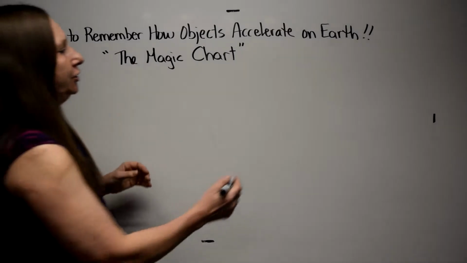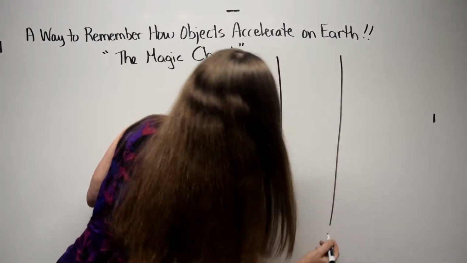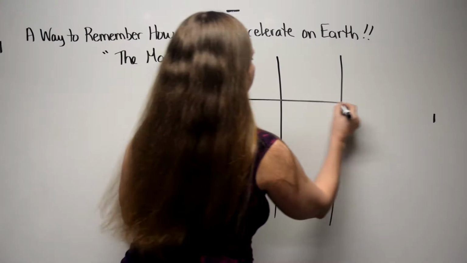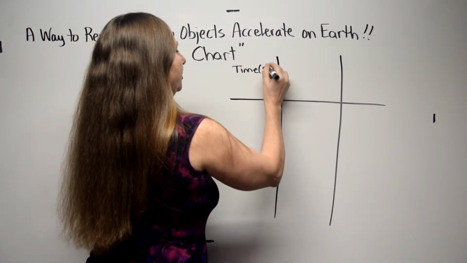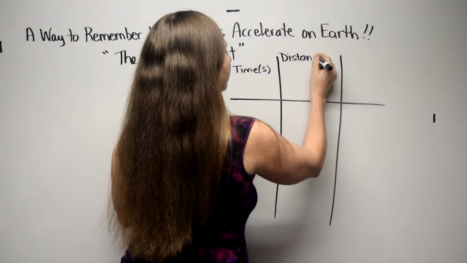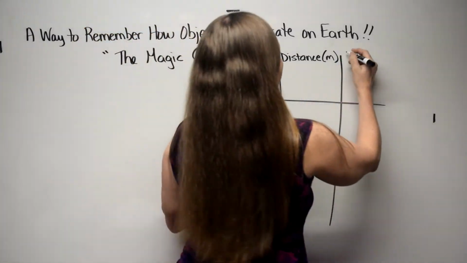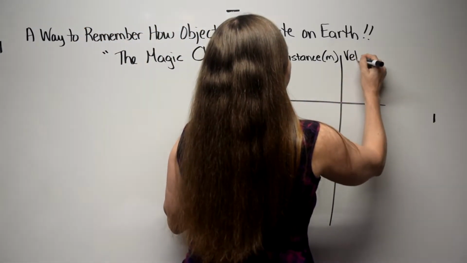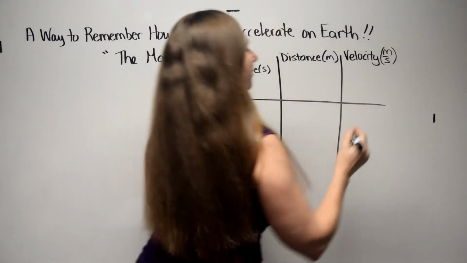So, the magic chart. We've got a chart with 3 columns. The first column would be time in seconds. The next column would be distance in meters. You can think of it as displacement. And the last column would be velocity in meters per second.